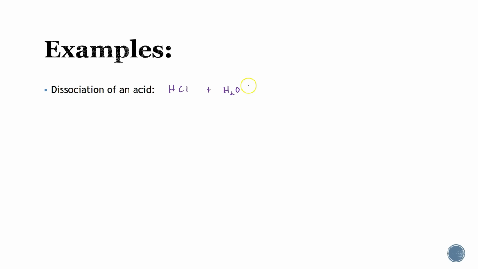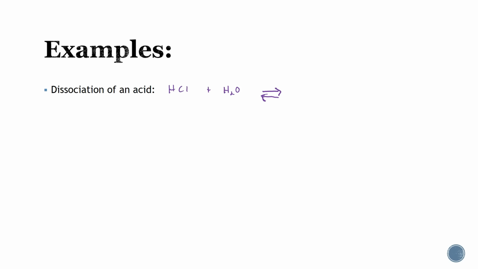What's going to result from that? I'm going to make little double arrows for our acid-base interactions. By the way, that just means this reaction is reversible. It can go either direction fairly easily, which is pretty common in our acid-base interactions.